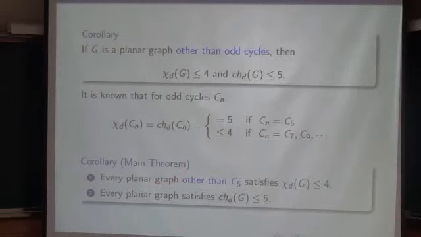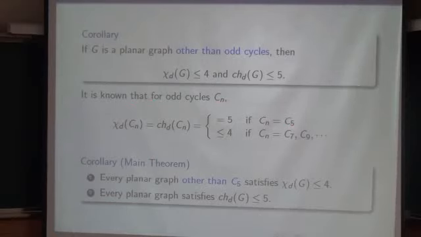So our main theorem is about almost every planar graph, but currently we have a condition: we just exclude odd cycles. But actually, for odd cycles, the dynamic chromatic number and the dynamic choice number are known. They are bounded by 5 if the odd cycle is C5, and they are bounded by 4 if the odd cycle is C7, C9, etc. So if we combine this corollary and this result for odd cycles, then we can get our main theorem, right?